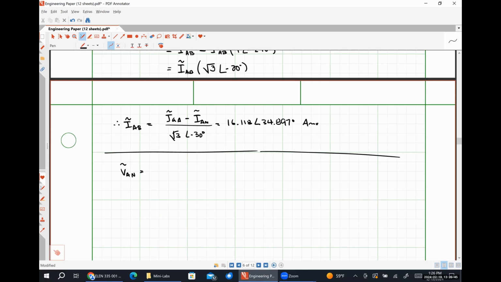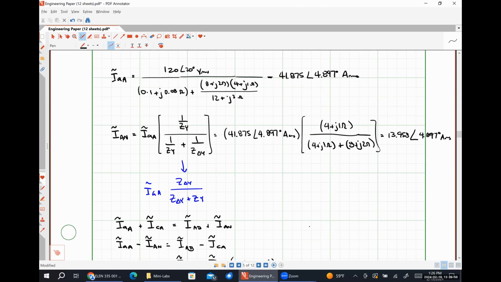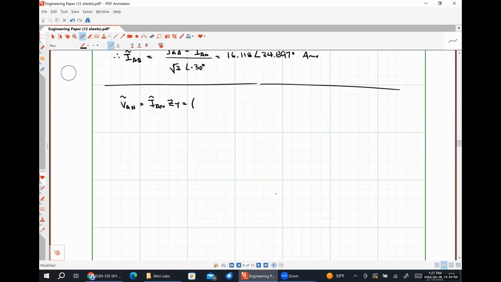So VAN is just going to be IAN times ZY, 13.958 with an angle of 4.897 degrees amps, times 8 plus J2 ohms, which comes out to be 115.104 angle 18.933 degrees volts RMS.